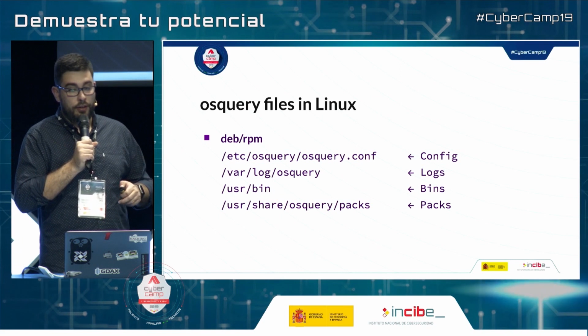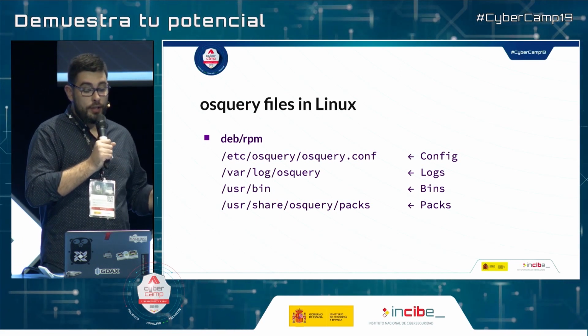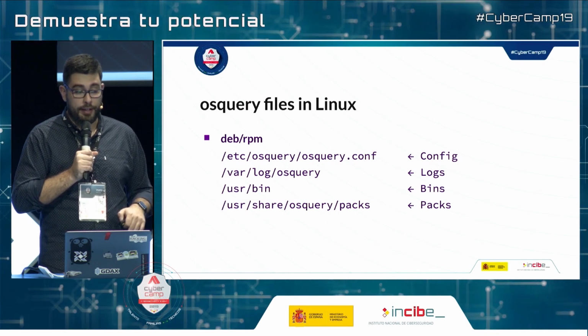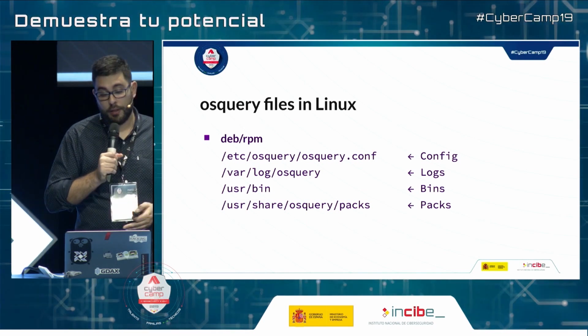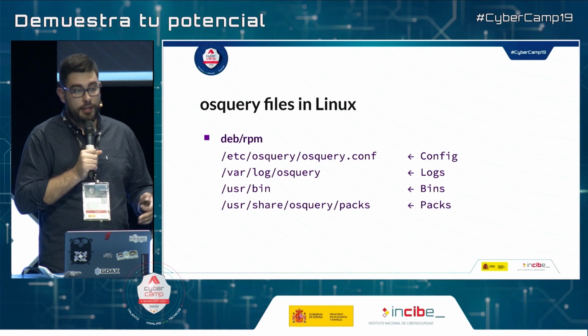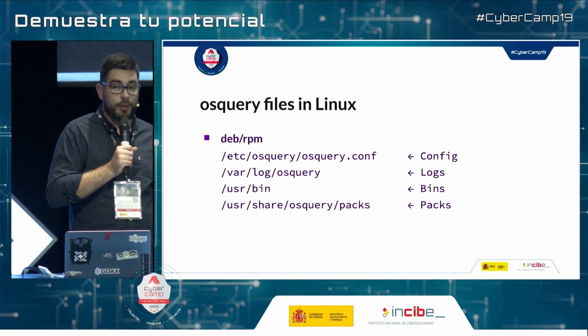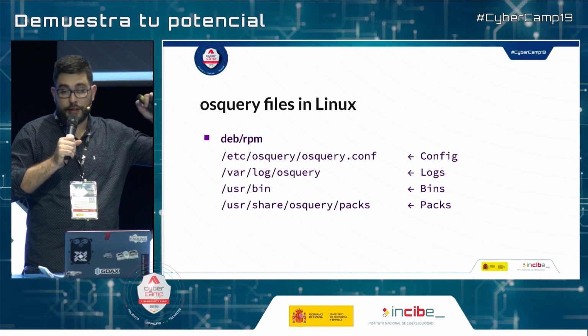Then we have /var/log/osquery. This would generate the logs if you use a local logger, and then we have the binaries osqueryi and osqueryd, and we'll talk a little bit about the packs in a moment.